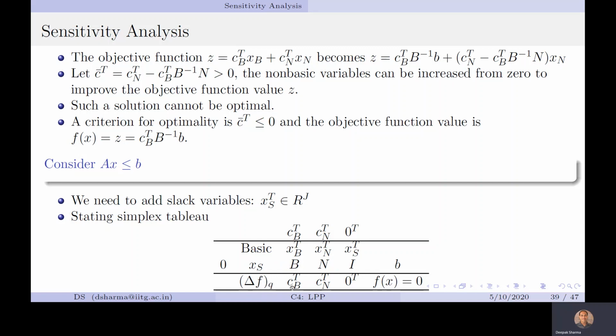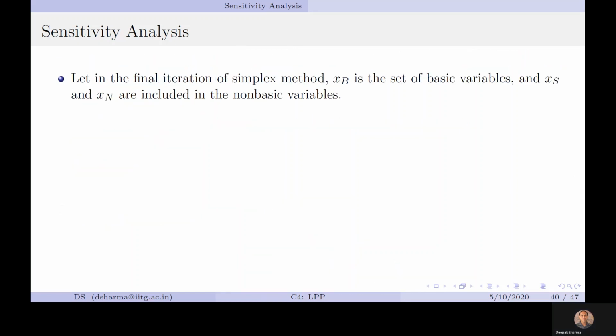That's why delta FQ for XB is CB and CN for non-basic, and we don't have to calculate for the slack variable. The objective function value is 0, because the cost coefficient 0 multiplied with the right hand side b gives 0. So this representation is easy to understand.